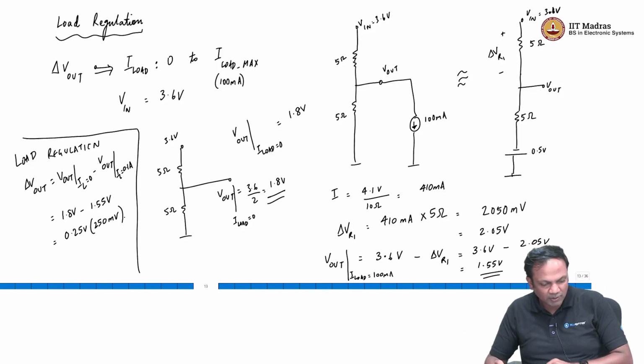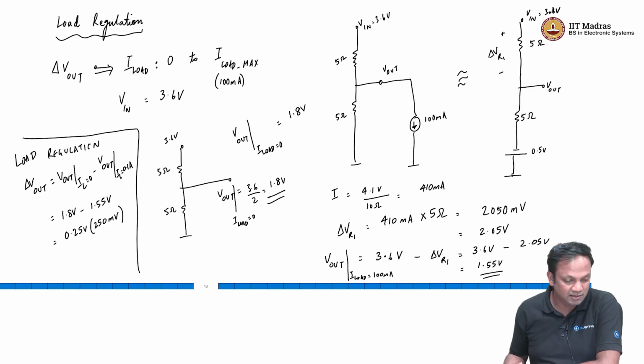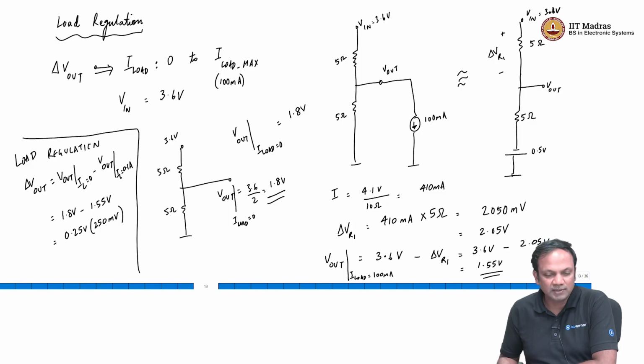It is worth noting that 250 millivolt is a very high load regulation, right, and it is worth noting that even though we have chosen very small resistors, our resistors are only 5 ohms each, the regulator we have built is still performing very poorly with respect to output current.